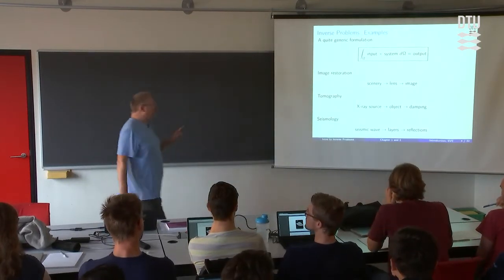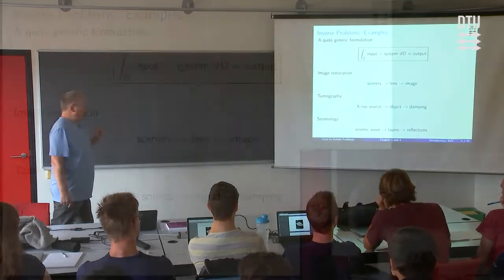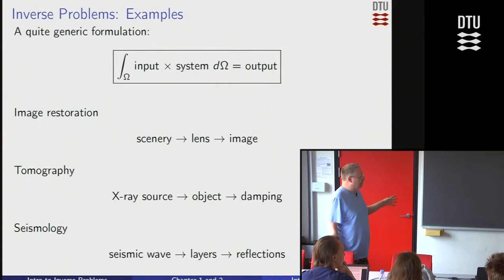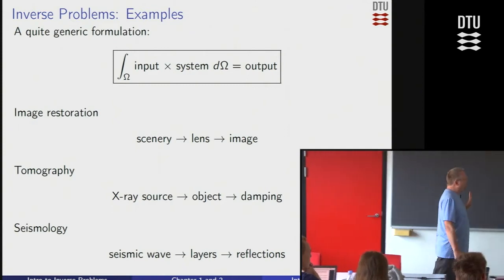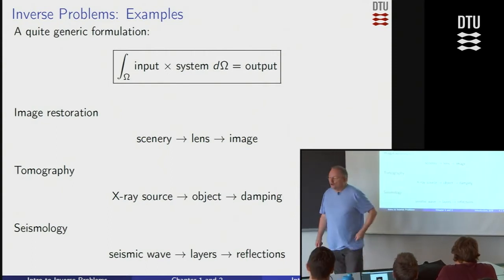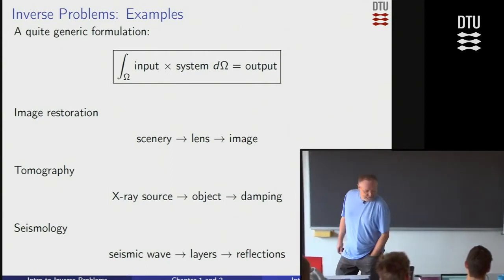What you want to know there is properties of the object. So this is an example where you know the input and you know the output. The input is the X-rays coming in. The output is the X-rays coming out and the corresponding damping. And what you want to know here is the kind of system that gave rise to that damping. So that's the object here.